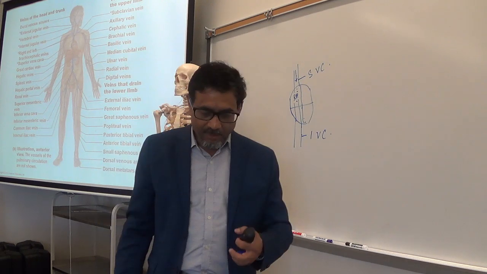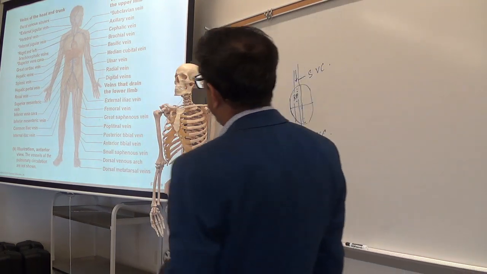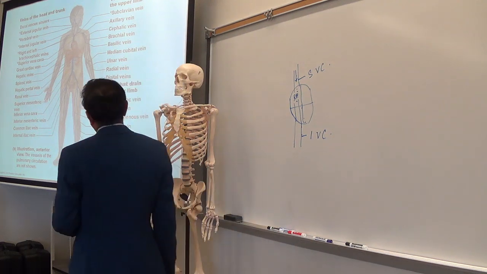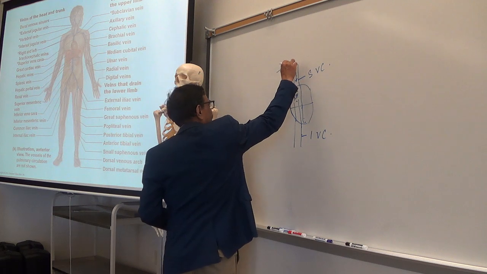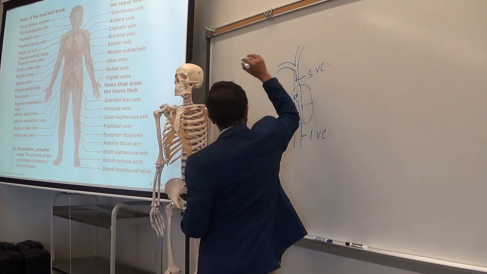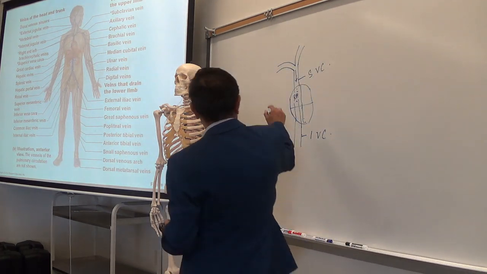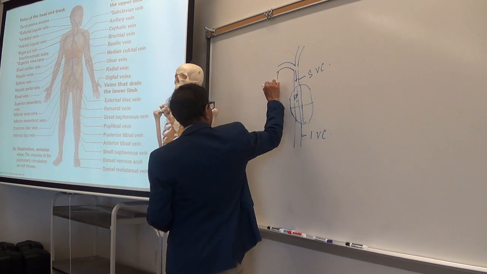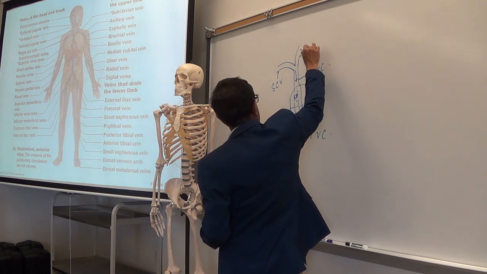Okay. So let's see what happens to superior vena cava. You see, superior vena cava receives blood from two veins. One is subclavian vein and another is internal jugular vein.